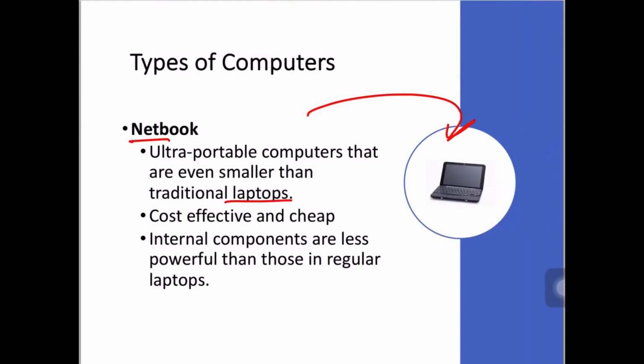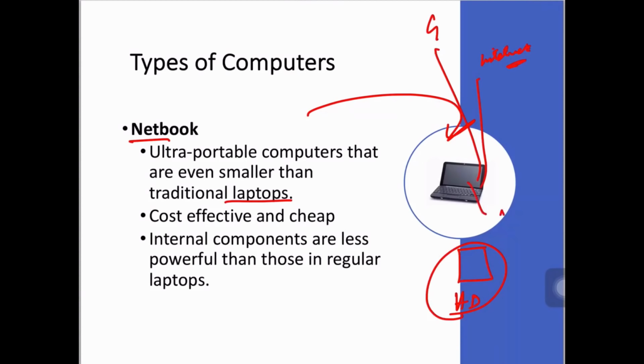Why do we call it a netbook? Mostly they don't have the storage or the expensive hard disk inside. These netbooks are connected to the internet, and you store all your information on your Google Drive or OneDrive.